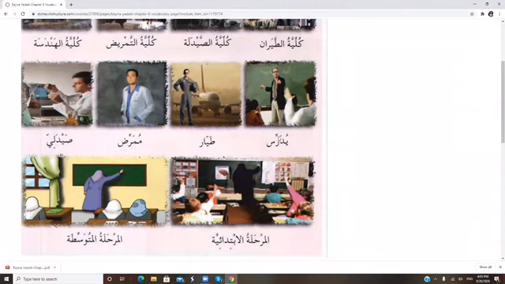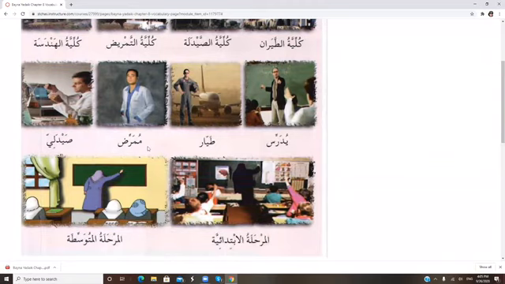It has a shedda on the middle radical. And you'll notice that in the present tense we have a dhamma here, instead of form 1, yedrusu, with a fatha on the first letter. But here you have a waw. So it's yudarisu, a form 2 verb, and it means he teaches. Next, tayyar is a pilot.